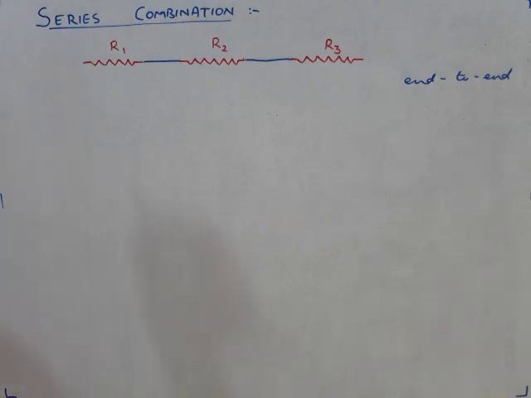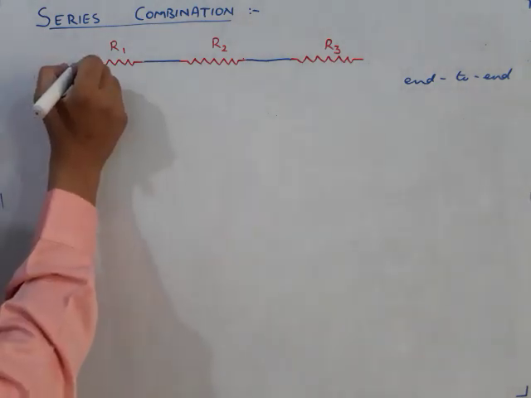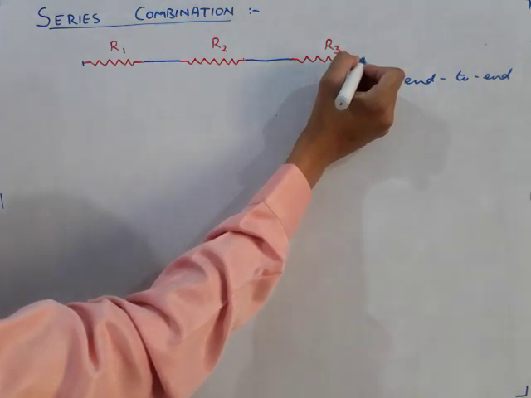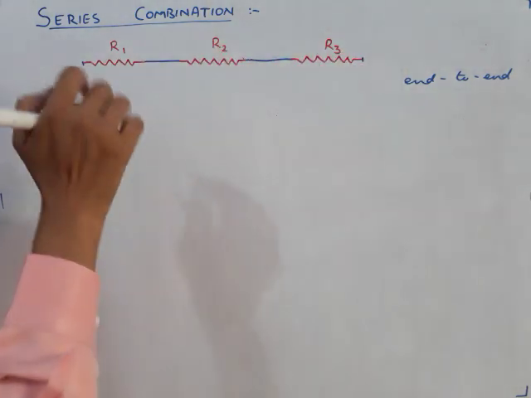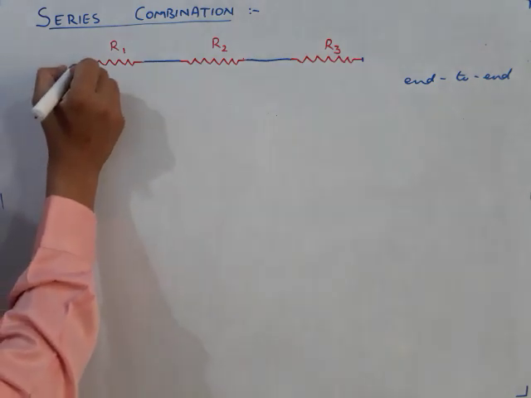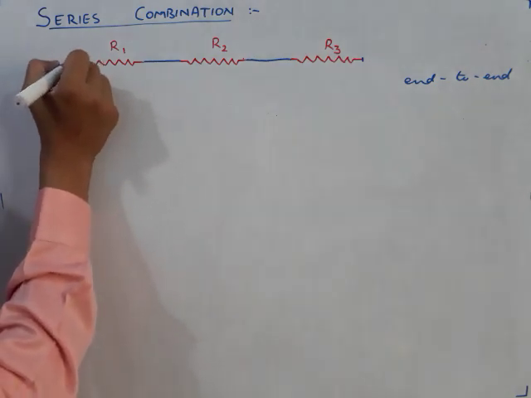And then we can connect across the combination. This is the combination of three resistors R1 and R2 and R3. Now across this combination we can connect a battery.